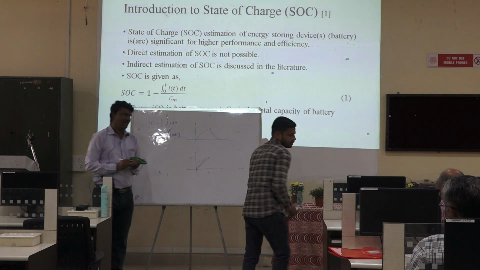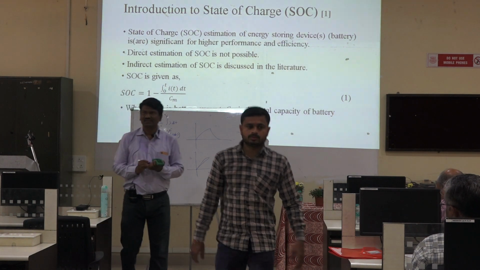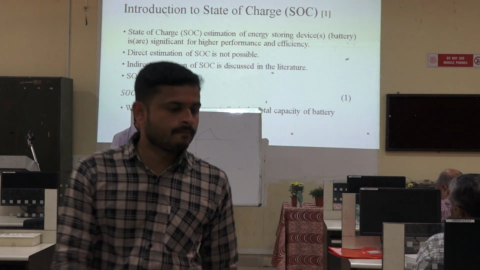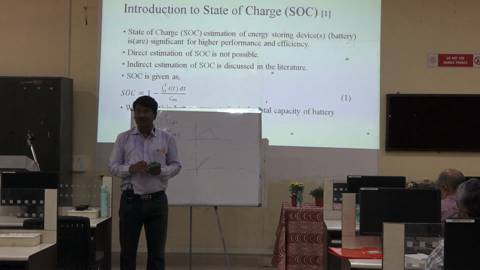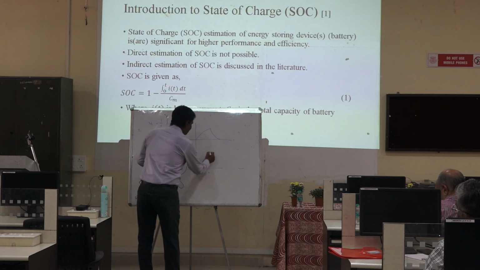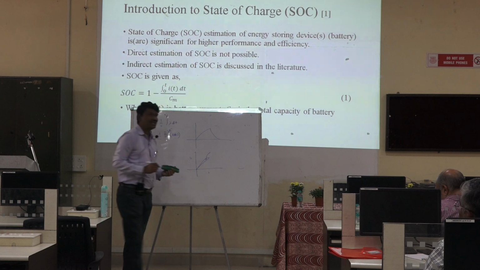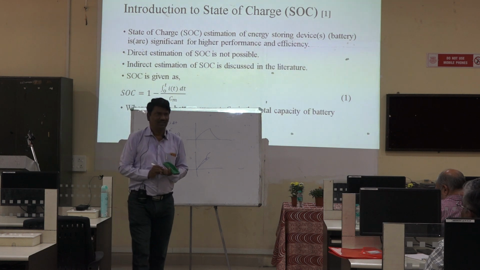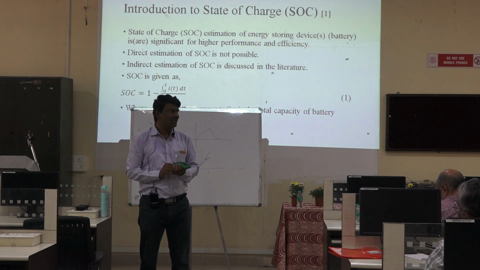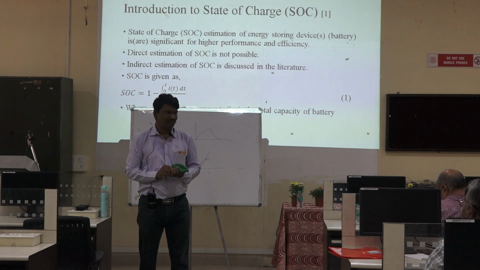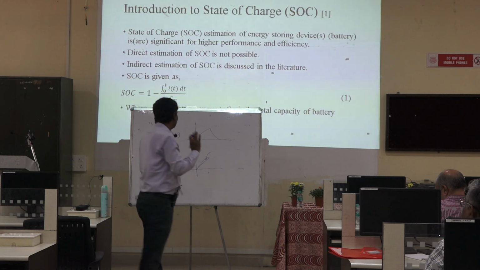Means the charging path and discharging path are always different. It is not the same, and because of that, we have to consider this effect. This effect is mainly known as the hysteresis effect.